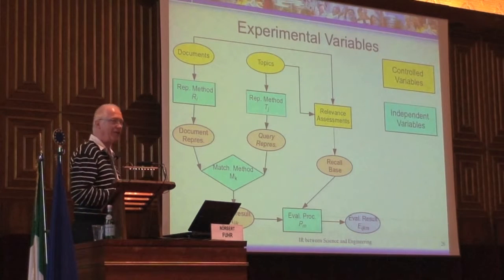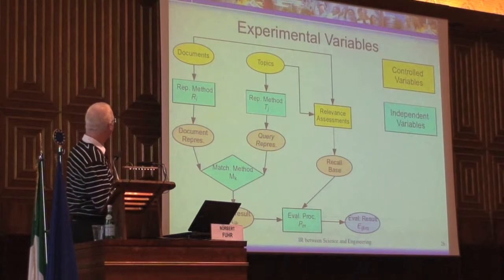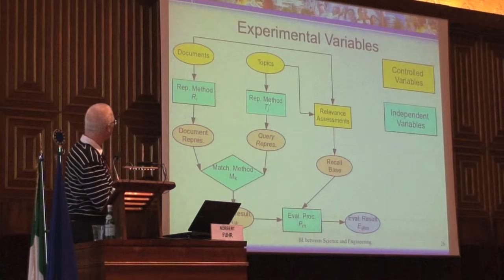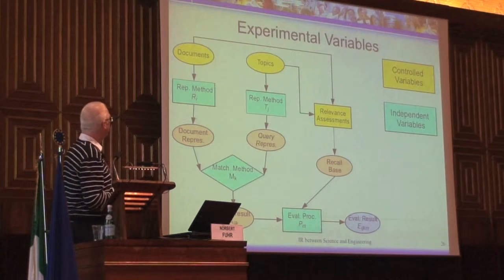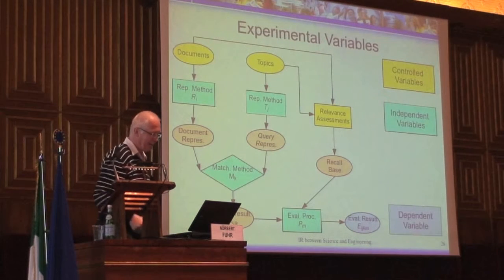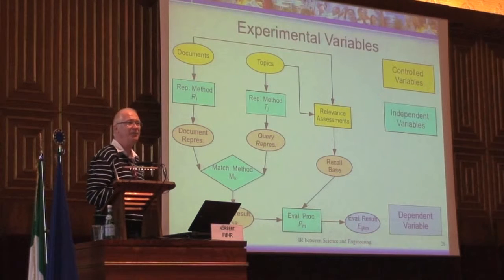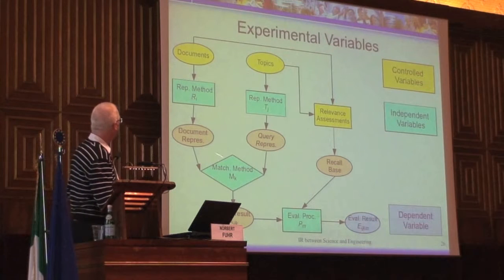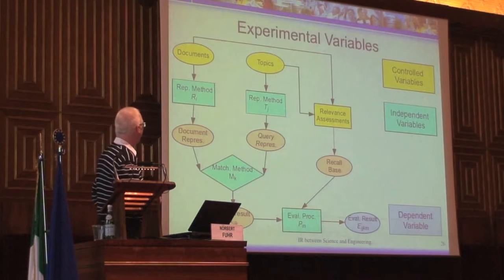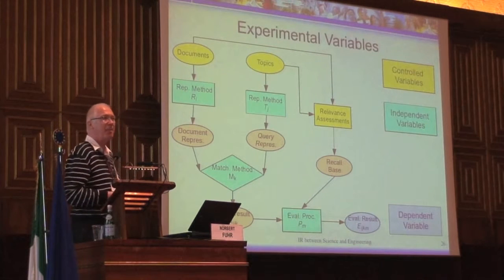And then the independent variables, which are usually studied in most of the experiments, are the representation methods for documents and queries, the matching method, and the evaluation procedure. And then finally, the dependent variable is the evaluation result. And the focus currently is on modifying the independent variables in order to get better evaluation results.